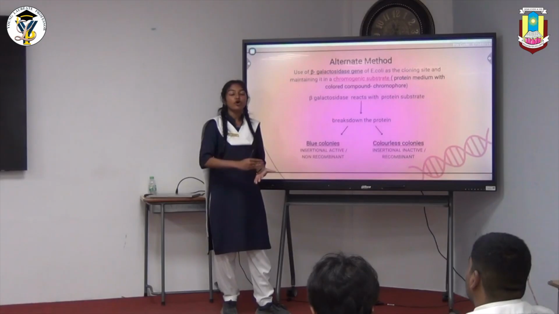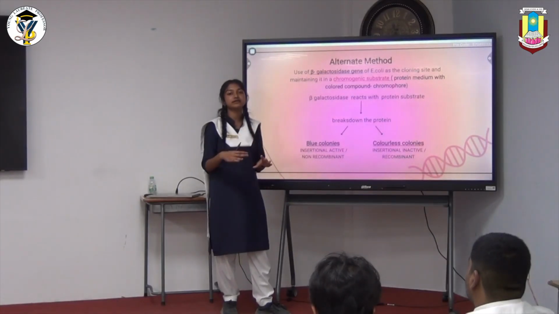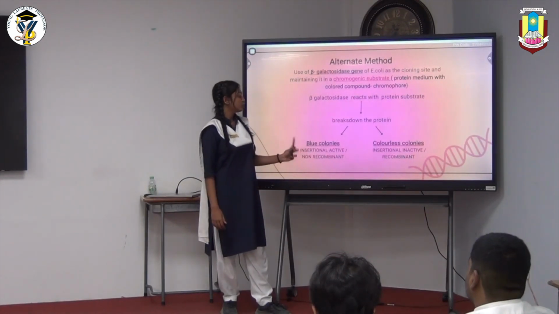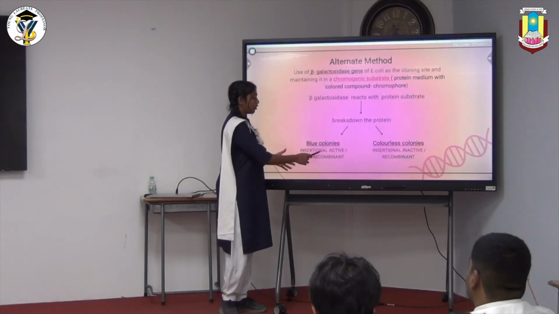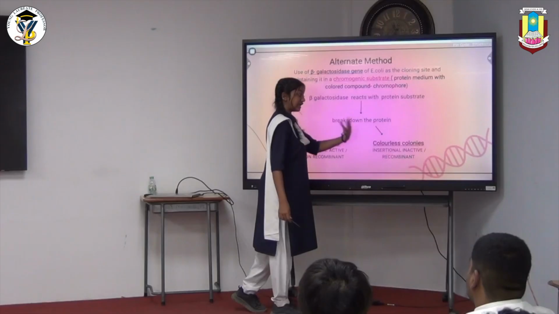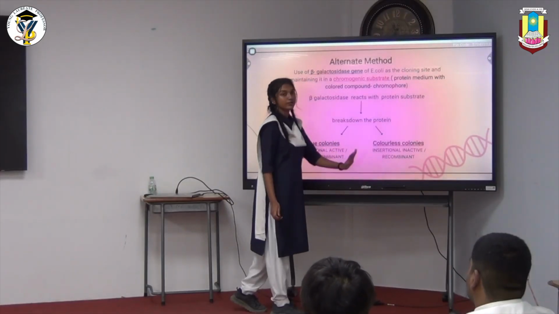Now, if they have not picked up this foreign DNA, that means they are not experiencing insertional inactivation, they will be producing blue colonies. If they are producing blue colonies, that means they are non-recombinant, and if they are producing colorless colonies, experiencing insertional inactivation, they are recombinant.